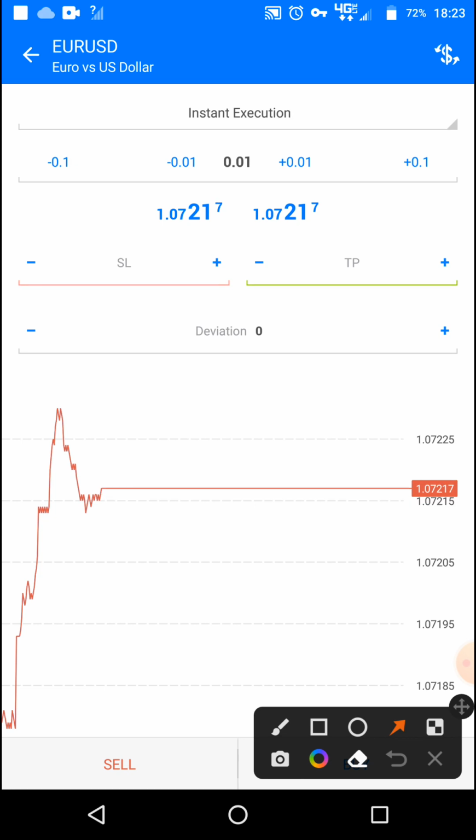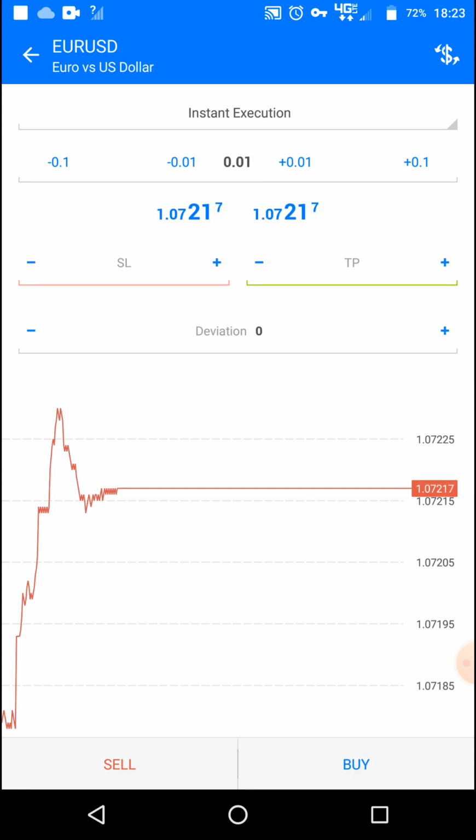So a movement here is ones, a movement here is tens, a movement here is hundreds, a movement here is thousands. So a movement here is 10,000. Okay, so it's like tens, hundreds, thousands, 10,000, just like that.